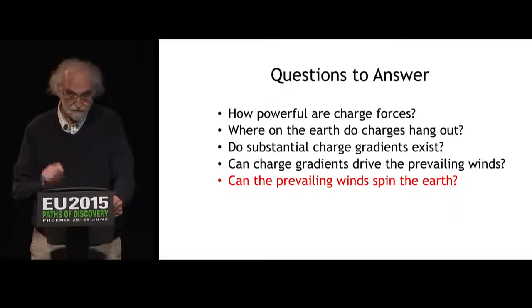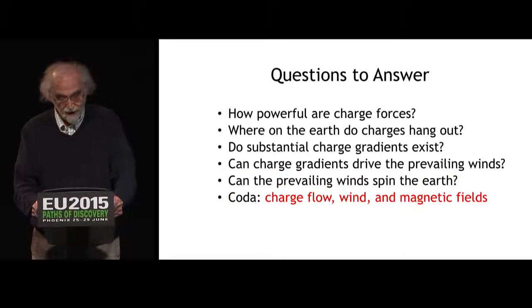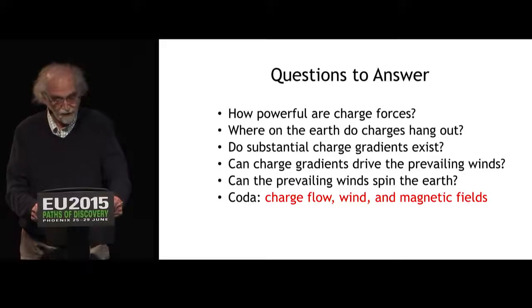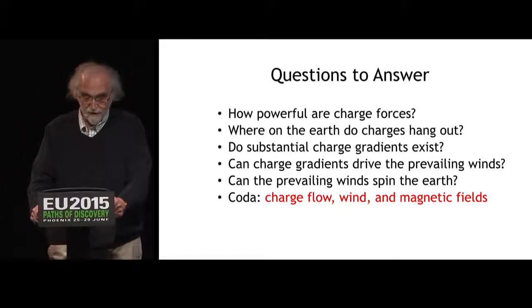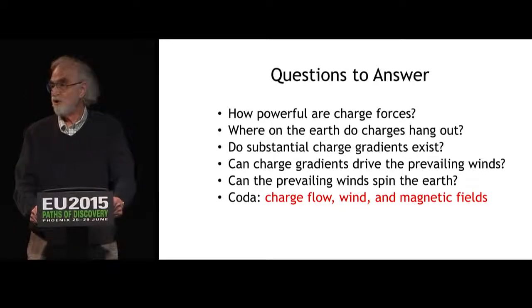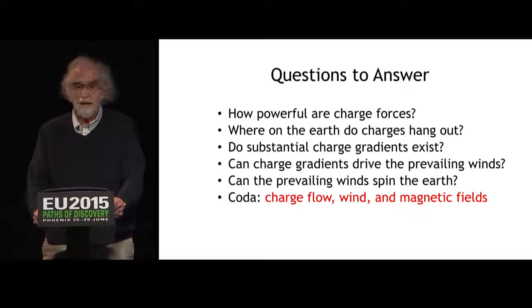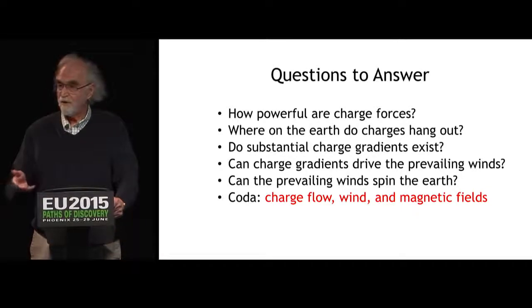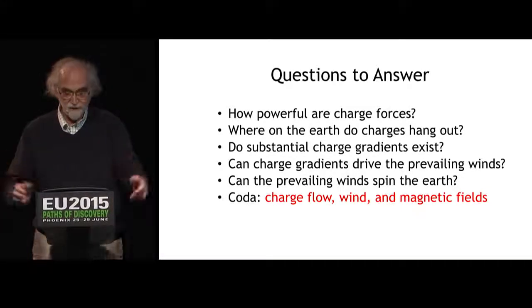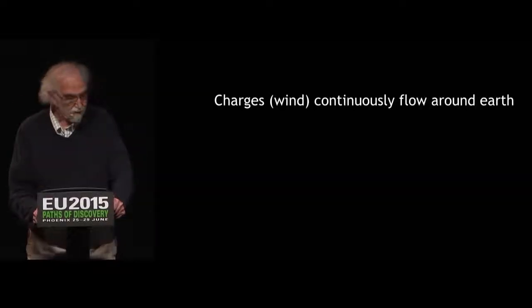Perhaps that could be. Finally, the last few slides, this is a sort of extra. I'm suggesting to you that there's charge flow around the Earth, right? Charge flow, wind. And I want to touch on magnetic fields because charge flow, current, and magnetic fields are kind of tied together.